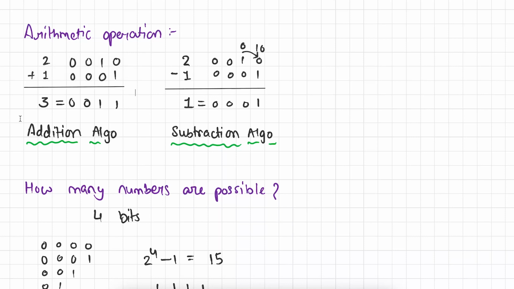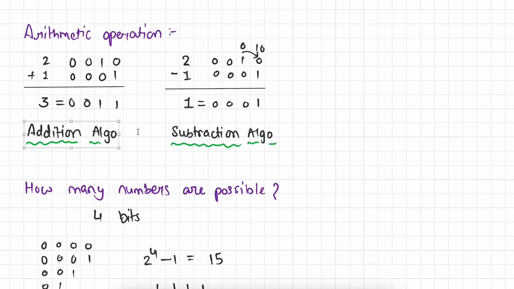We simply follow the addition algorithm, and this algorithm is already present on your computer. For performing this algorithm, the hardware also exists on your computer. There are different circuits or different gates, different hardware available to perform arithmetic operations.